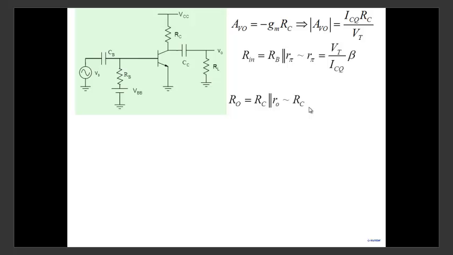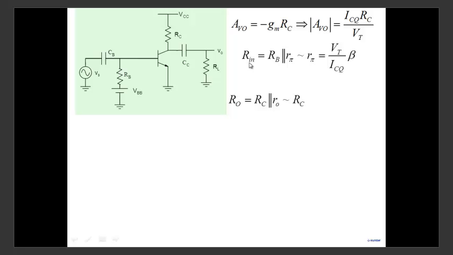Now note, as I said, for an amplifier, you want high gain, but you also want high Rin, and you also want a low value of R0. Now if you look at these three things here, can you see a trade-off? High value of gain, well, one way of getting high value of gain would be a large value of ICQ. And a large value of ICQ, what will it do? It will make your input resistance small.